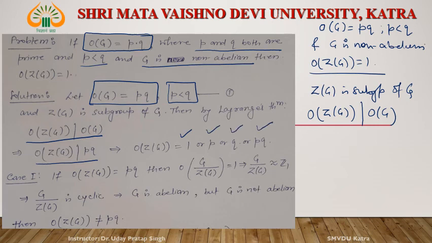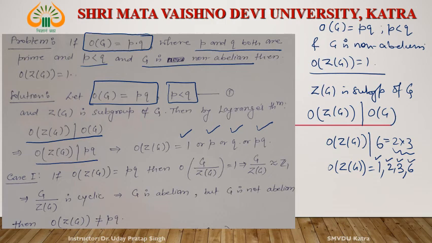For example, if it divides 6, where 6 is 2 times 3, the divisors of 6 are 1, 2, 3 or 6, meaning 1, p, q or pq.